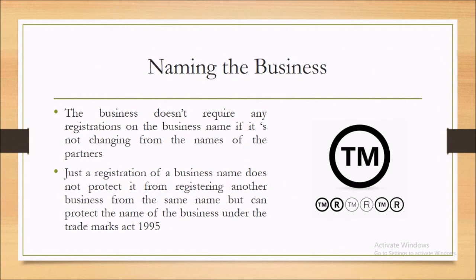Then you will get TM, which is called trademark, or you can display an R next to your name, which means registered, to express that your business name is registered. So that will restrict someone else from using your business name in their businesses. Okay, that is the nature of it.